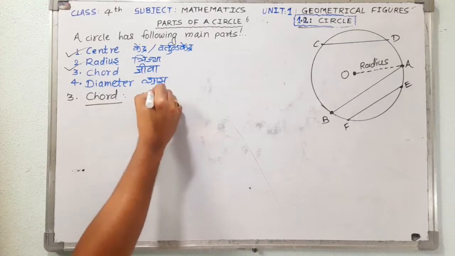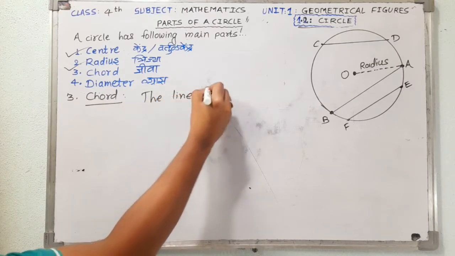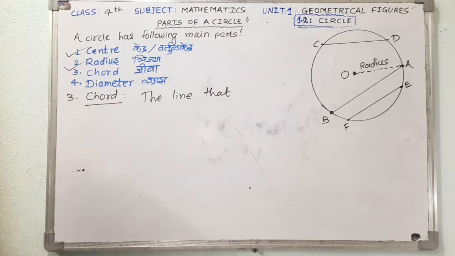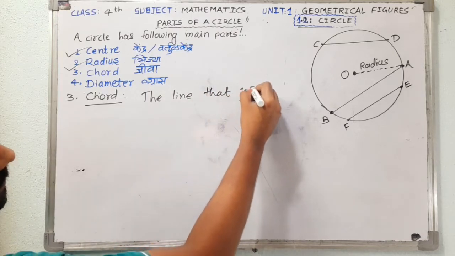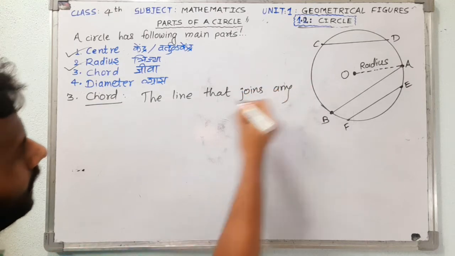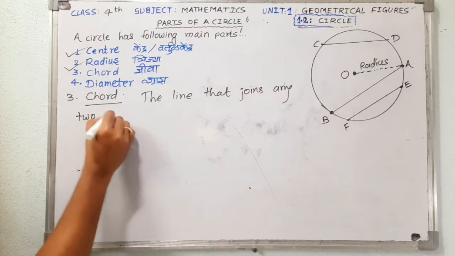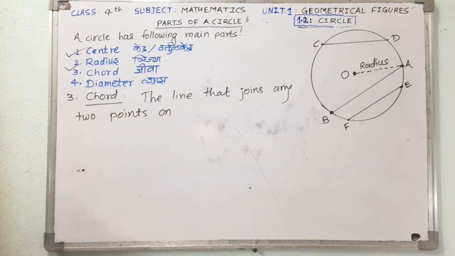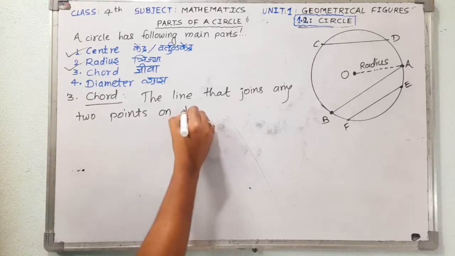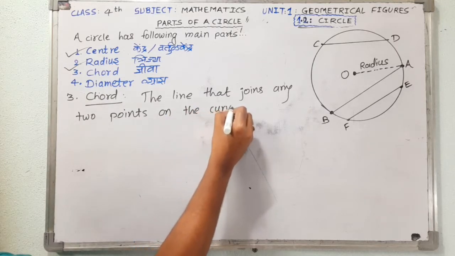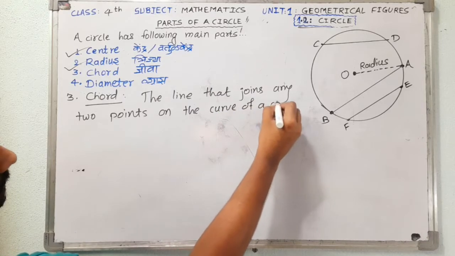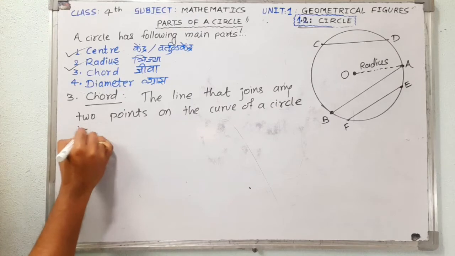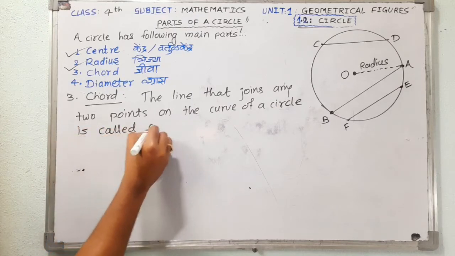A chord is the line that joins any 2 points on the curve of a circle is called as chord.